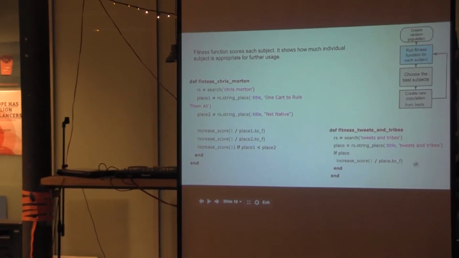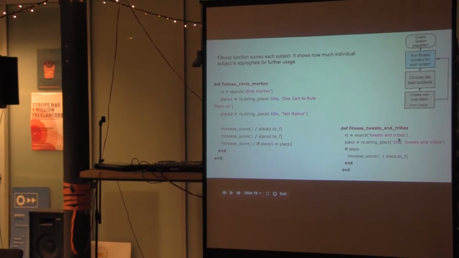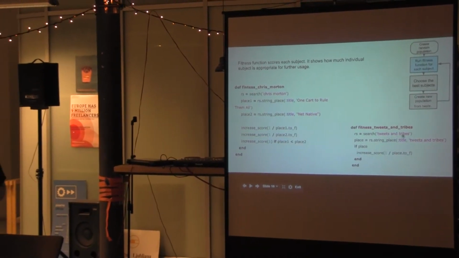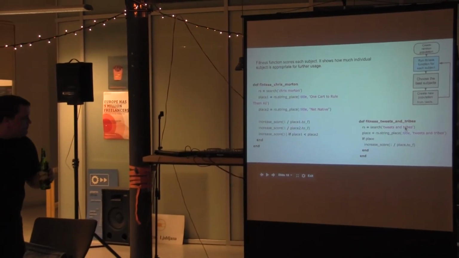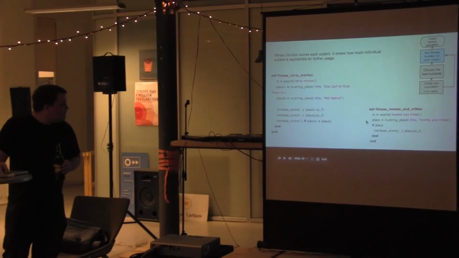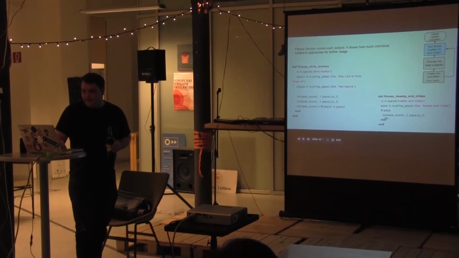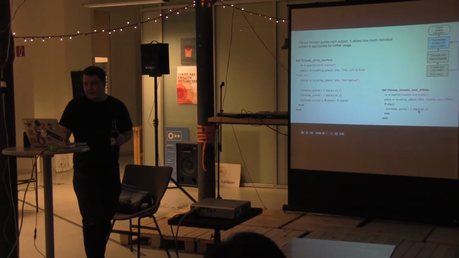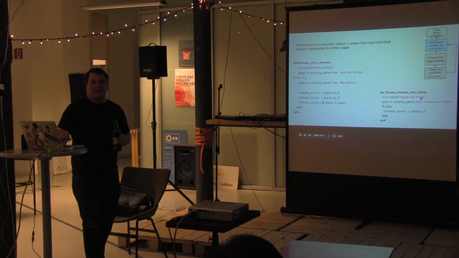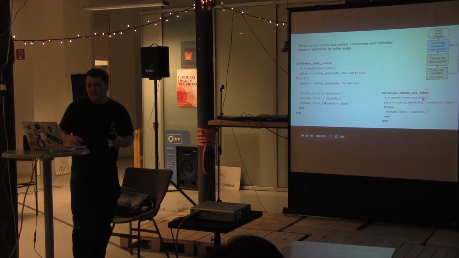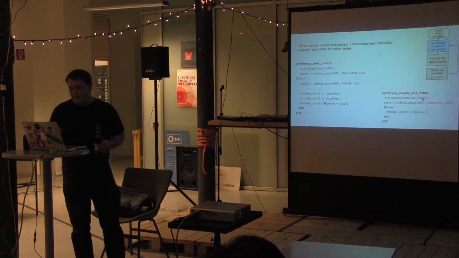As you can see here, tweets and tribes, that was one of the problems on the slide before, should be as high as it can be. So I divided one by the place that it was on. If it was in second place, it had a score of 0.5.